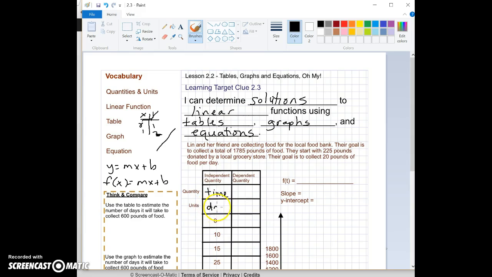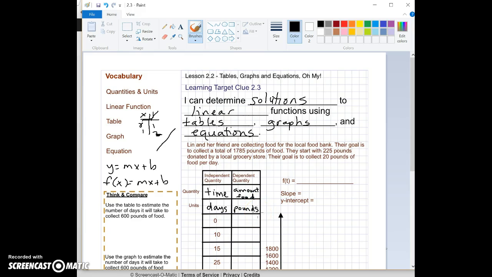Days. Okay? And our dependent quantity is going to be what? The weight of food, or the amount of food, right? And how are we going to measure that amount of food? In pounds.